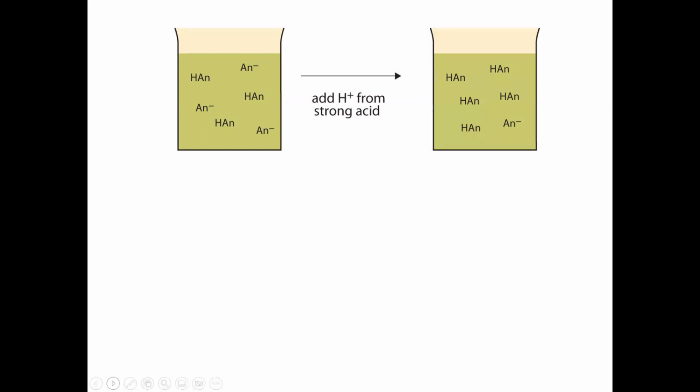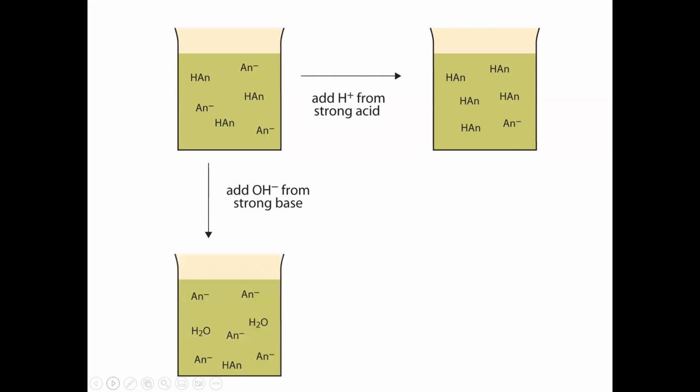But yet again, it's able to consume that acid. Whereas if to the buffer solution, we then add hydroxide, hydroxide is going to react with hydrogens. So it's going to take hydrogens from those acids and produce water, leaving behind more of the anion, more of the conjugate base.